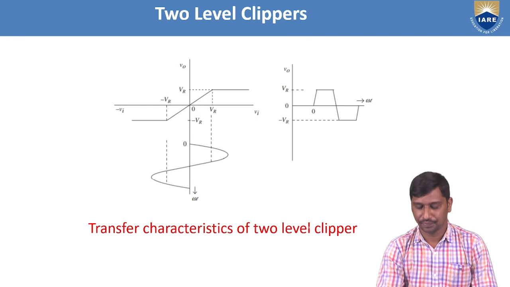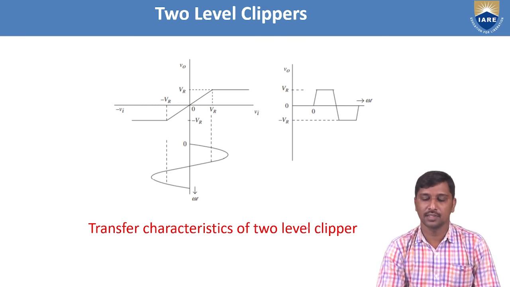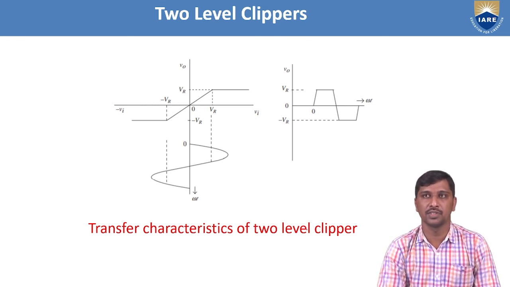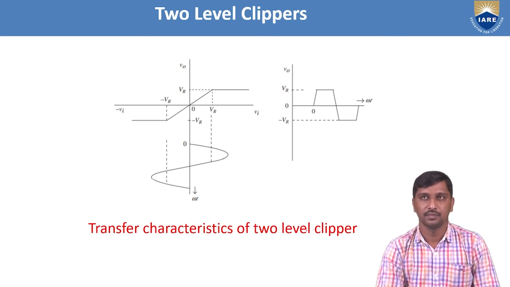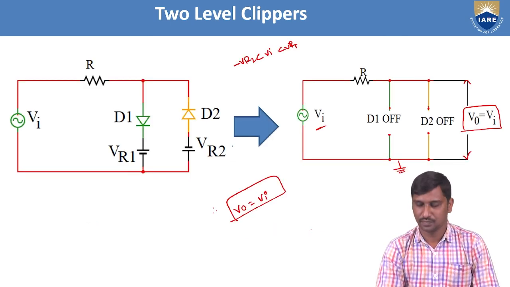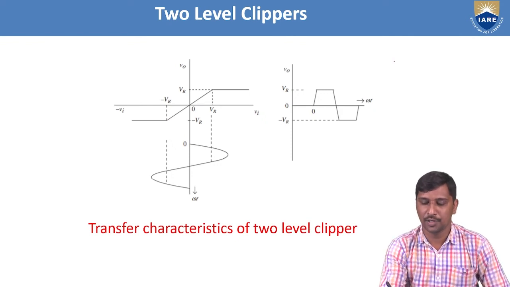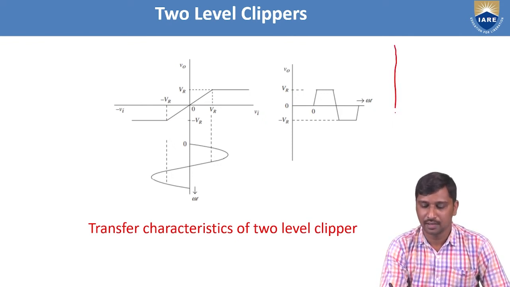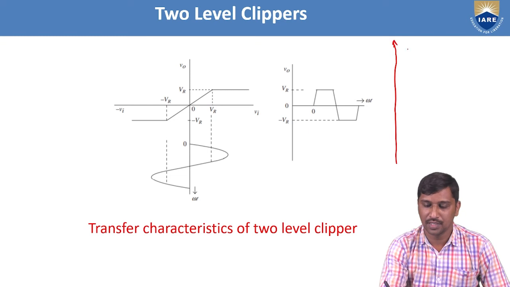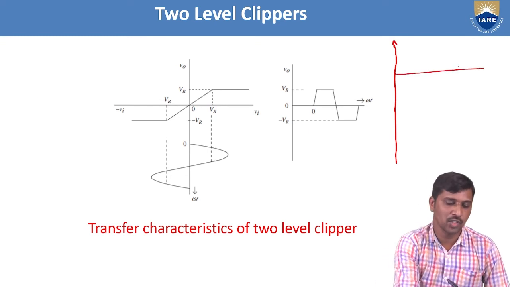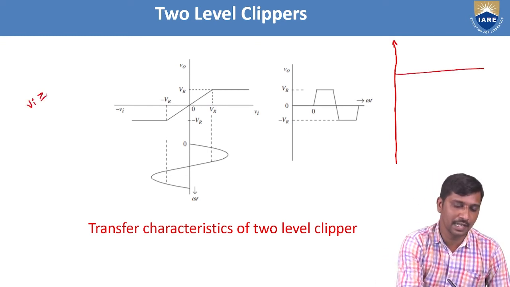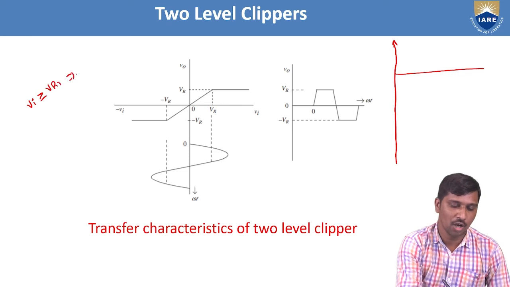So we need to draw this response. How are we going to draw it? Let us assume the parameters. If Vi is greater than or equal to VR1, the output voltage is VR1.